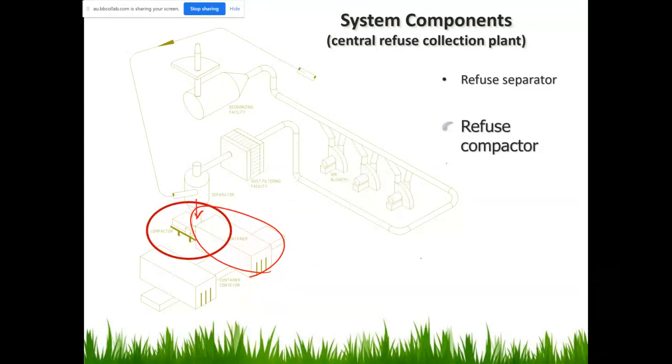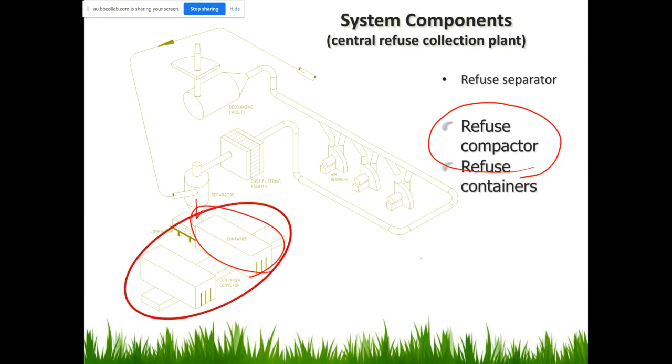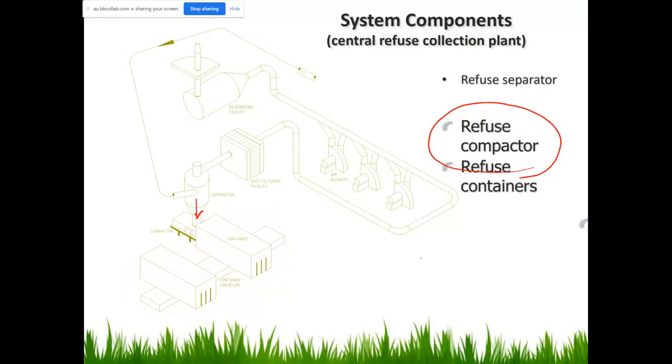In order to reduce the size of the solid waste, we have a compactor for the solid waste, and then a container for temporary storage of the solid waste.